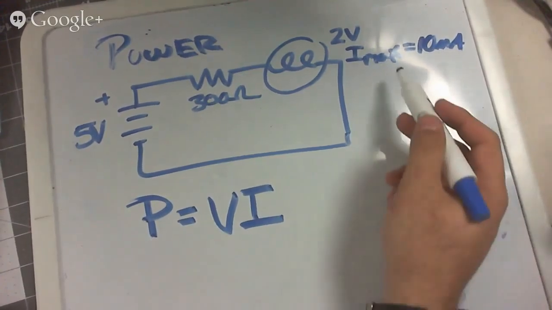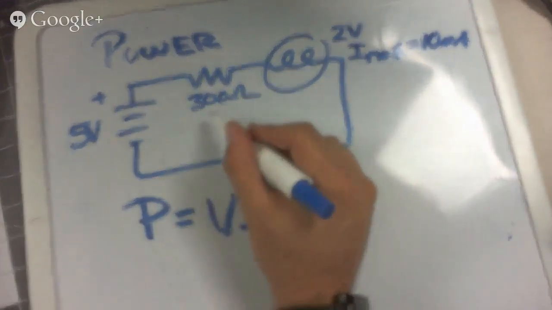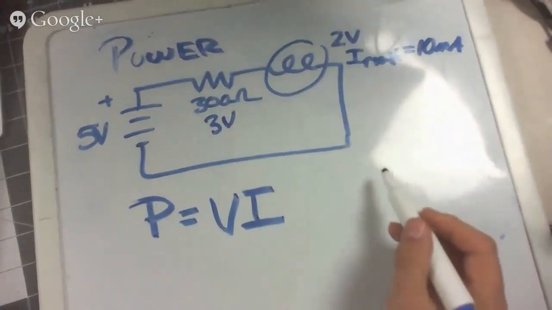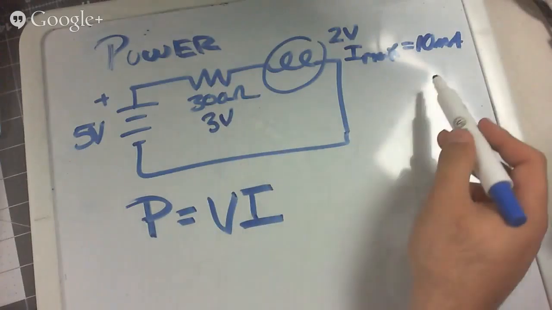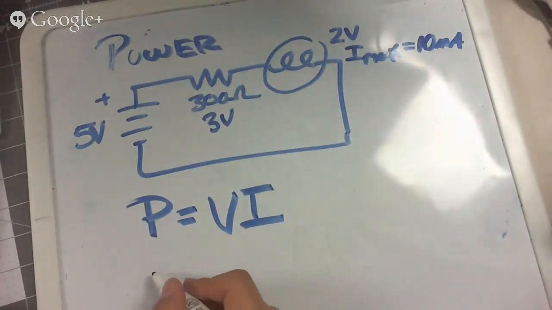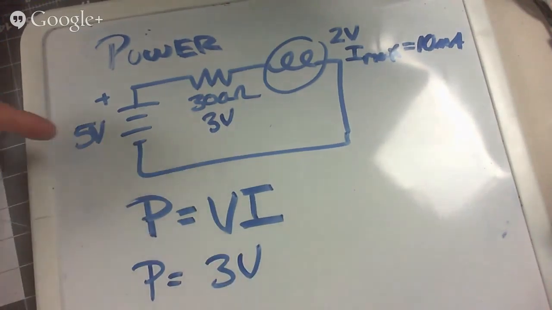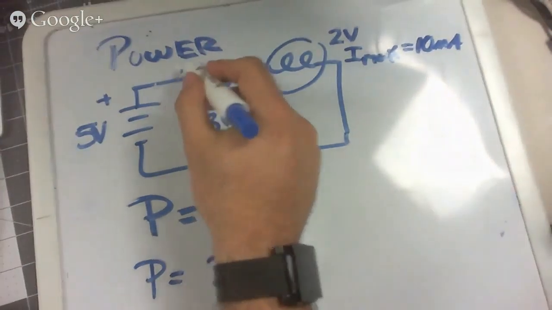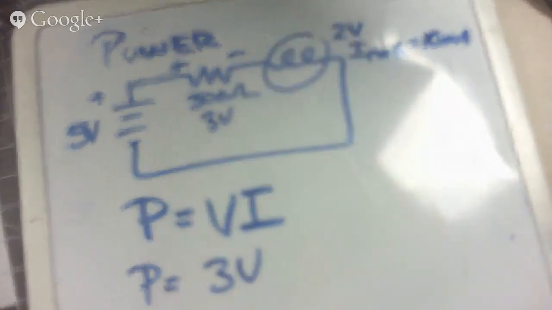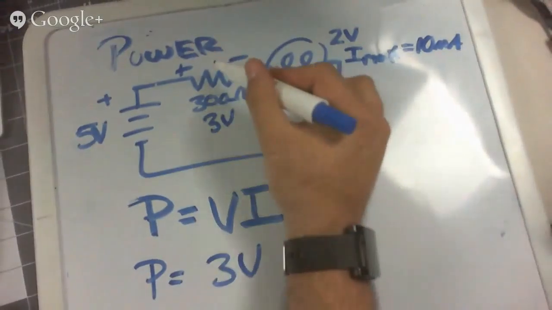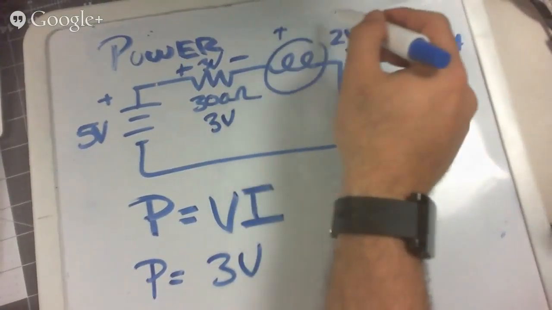So we knew earlier that this guy is going to drop 3 volts. And we know that we calculated the size to limit the fact that we wanted 10 milliamps through it. So this guy's dropping 3 volts from here to here. This 3 volts is dropped because the light bulb will drop the other 2 volts.